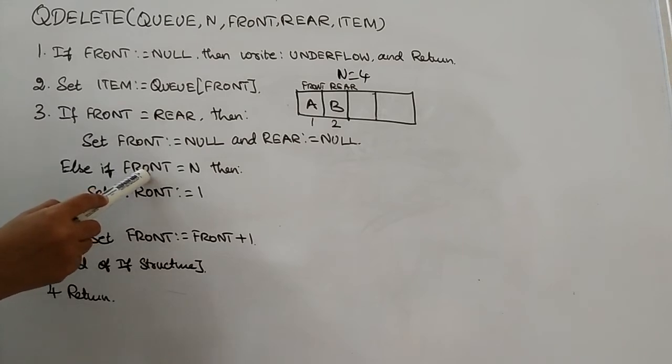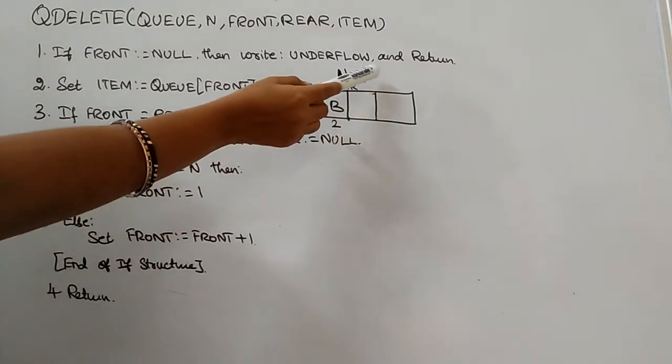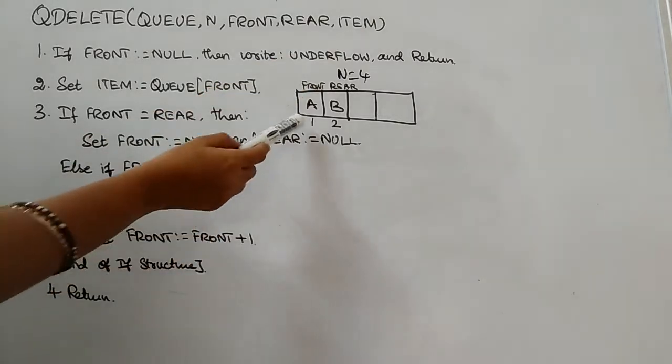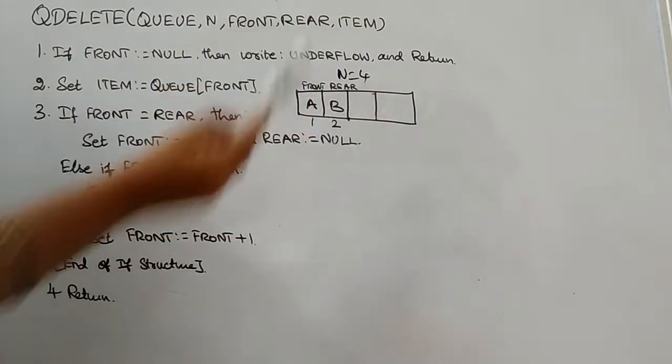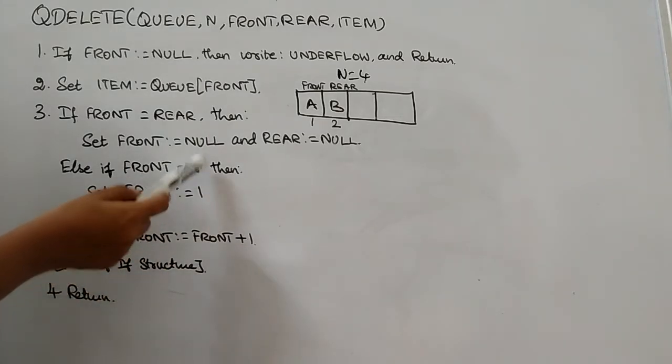Here it checks whether front is equal to n or not. But here front is not equal to the maximum size of the queue. Here the front value is 1 and the maximum size of my queue is 4. So front is not at all equal to n.